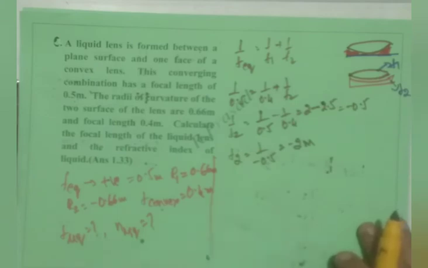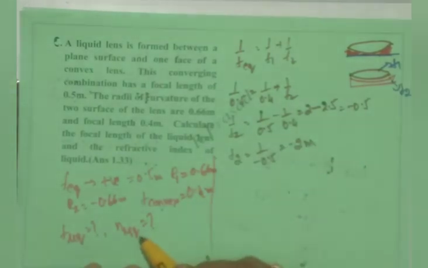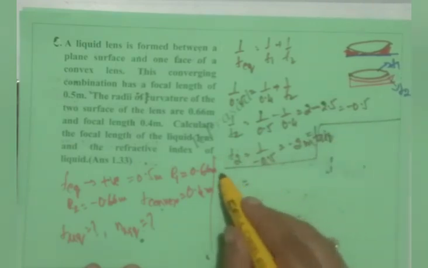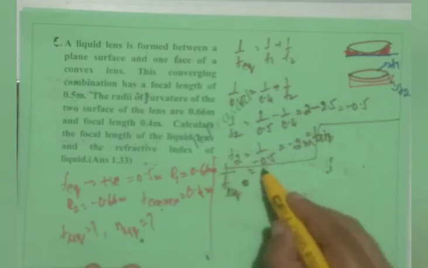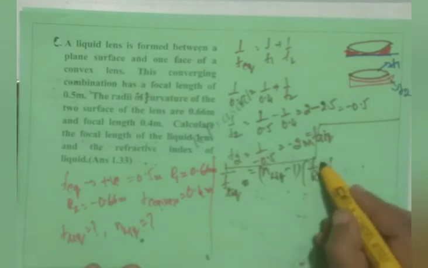Once we get the focal length of the liquid lens, we can calculate the liquid refractive index by taking only the liquid lens, applying the lens maker's formula: 1/F liquid equals (N liquid minus 1) into (1/R1' minus 1/R2').